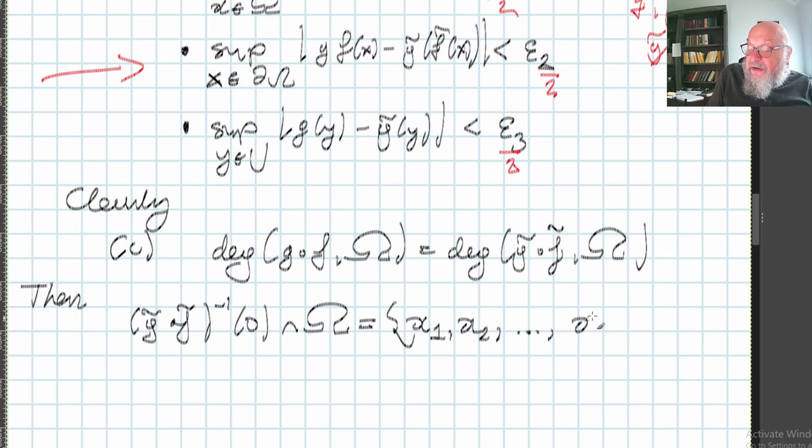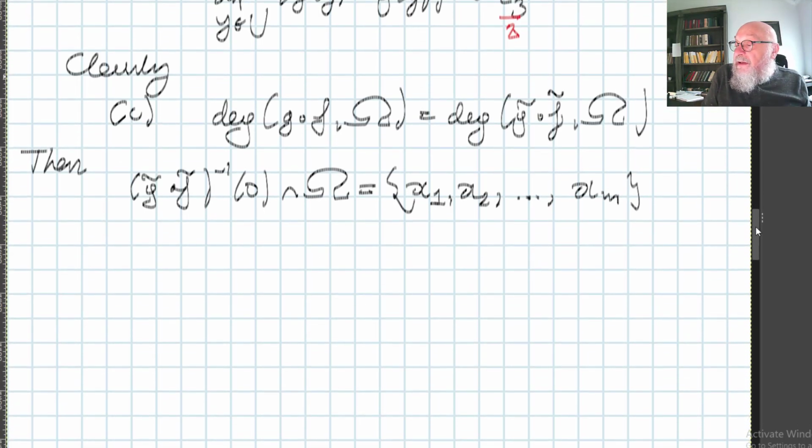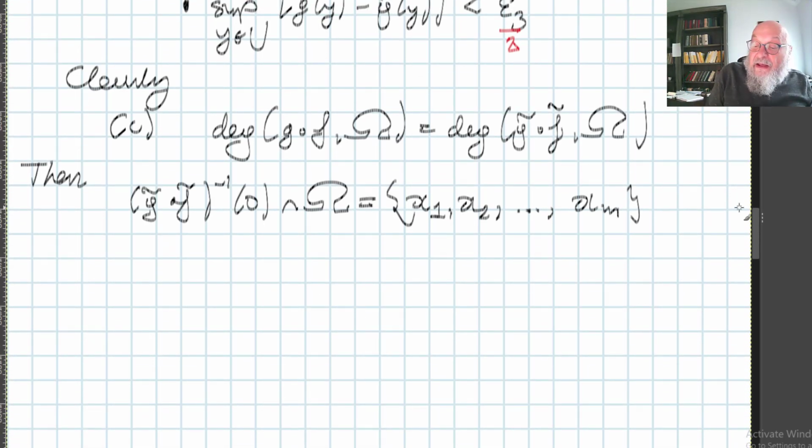And then of course I can take these points and apply the map F, and you will get this set, call it y1 to yk. This will be the image of those regular points.